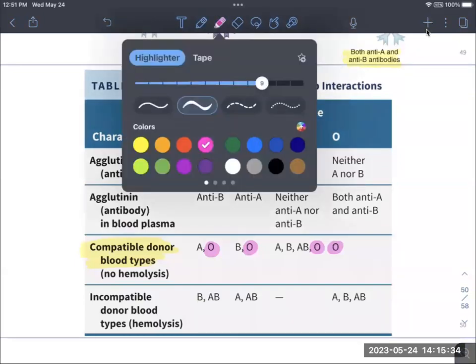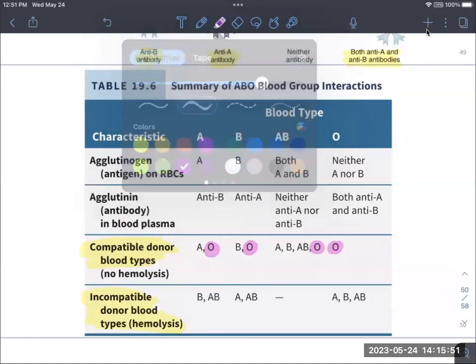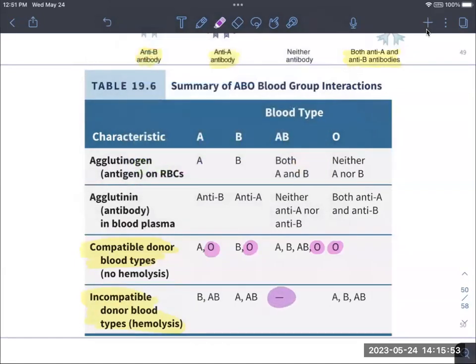Let's look at donors now, and people who cannot donate. We notice here, AB has no incompatible donors.